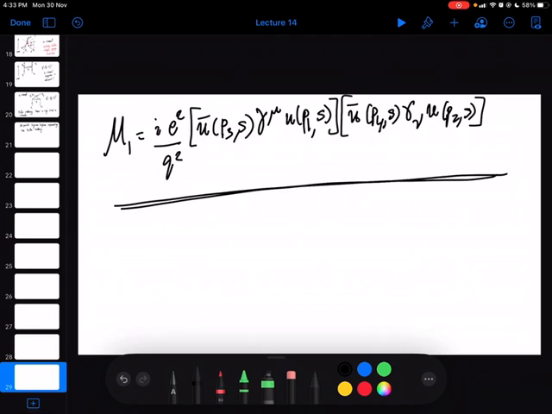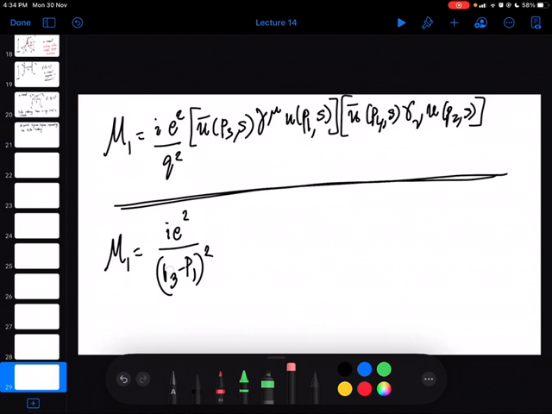So this is your amplitude. Now you have to integrate over all possible internal momenta. The actual amplitude M1 would be, because the internal momentum is not a free parameter, it's controlled by p3 and p1, at least in this case. But in other cases you'll have some internal momenta which are completely free, and you have to integrate over all of them.